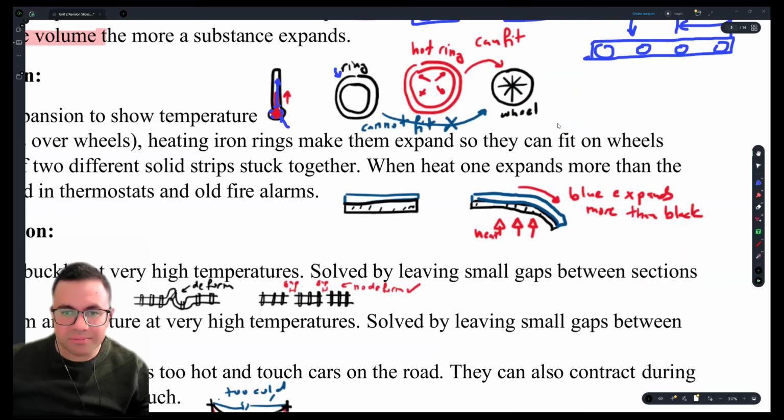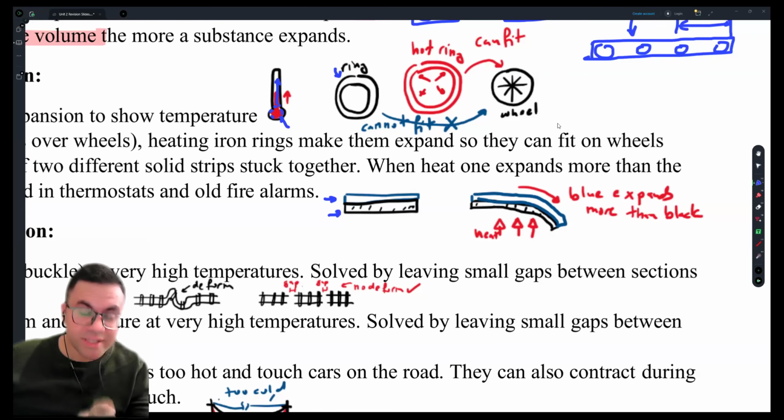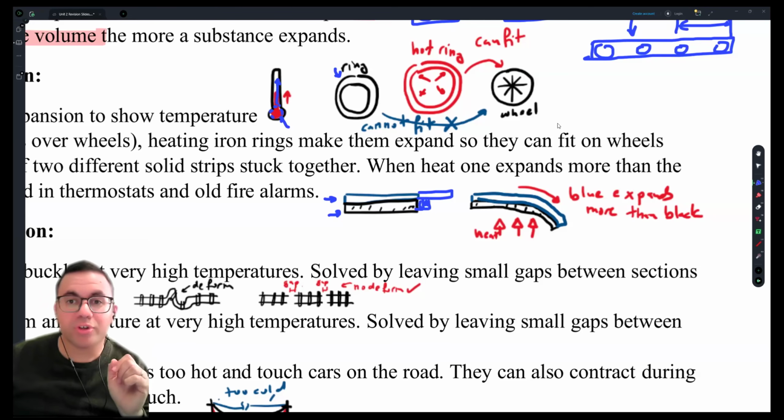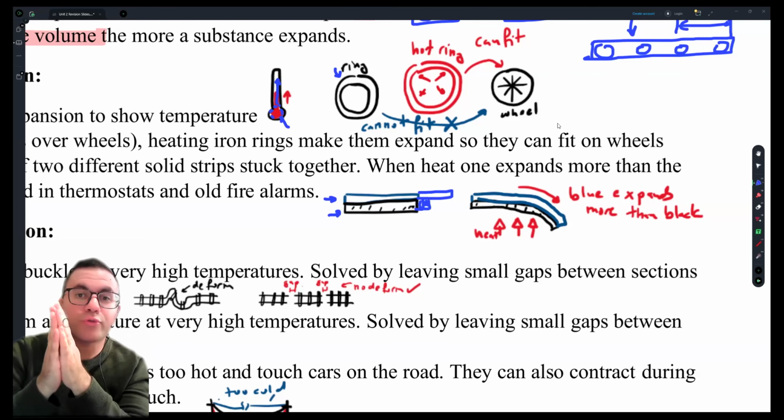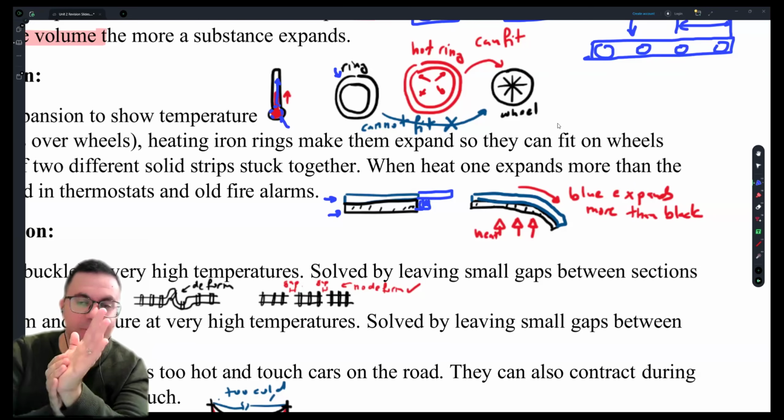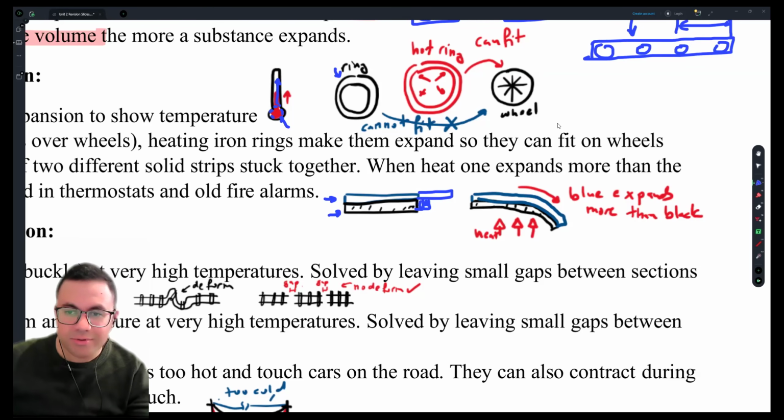If you have two different metals, like this blue metal and black metal over here, if you heat them, each metal will expand by a different amount. Let's say the blue one wants to expand more than the black. That can't happen. Why? Because they're stuck together. So they're forced to stay stuck together. They can't separate. So what they do is they bend.